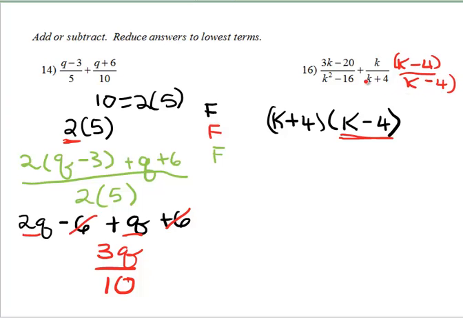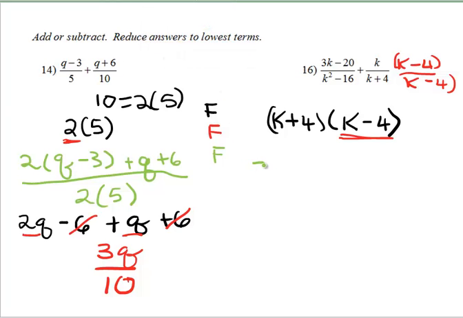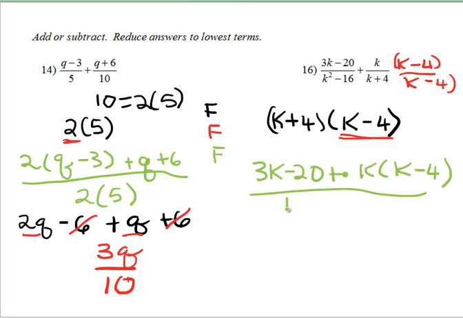And if I do that, then all of a sudden I have two denominators that are the same. So now this is what it's going to look like after I fix it. I'll have 3k minus 20 plus k times (k minus 4). And all of that is over (k plus 4) times (k minus 4).